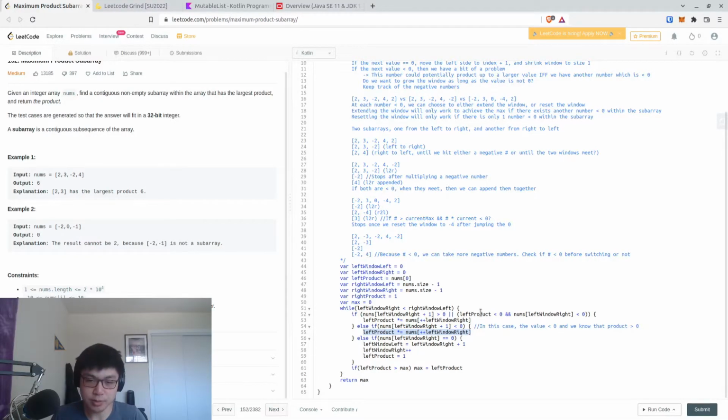Then we want to apply pretty much the same thing to the right window.